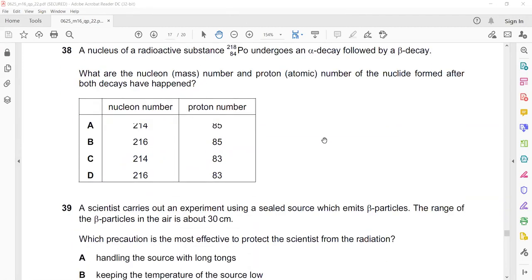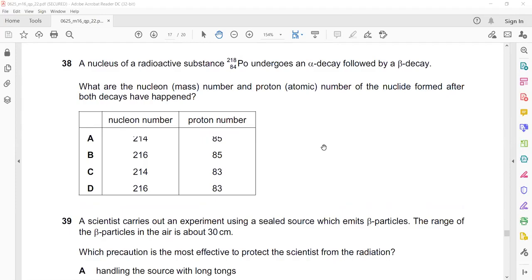Question 38. A nucleus of a radioactive substance undergoes an alpha decay and then a beta decay. Look, first, there is an alpha decay.